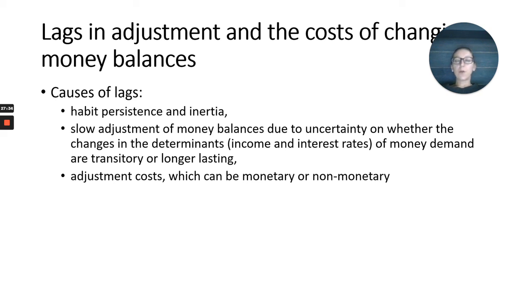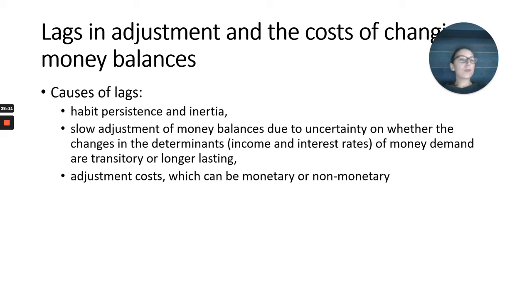The other reason for the lag is slow adjustment of money balances due to uncertainty on whether the changes in the determinants of money demand are transitory or long lasting. Which means that even though people are observing the situation very carefully and could change their behavior very quickly when they see the income changing, or especially when they see the interest rate changing, it's a question whether it's just a short-term change or it's going to last long.